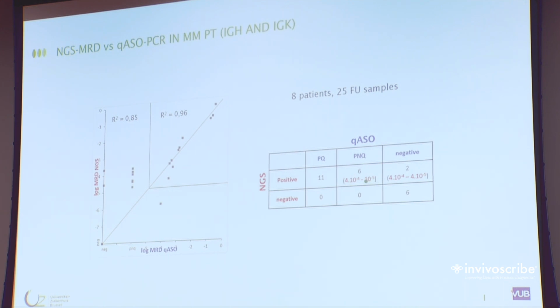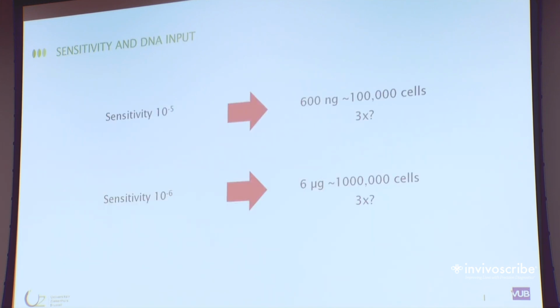They were very low. And we had 2 negative ASO primers, which were positive by NGS. And you see indeed that they are below the sensitivity of the ASO PCR. So this looked very good, also because we were not able to design so many ASOs in the myeloma situation.